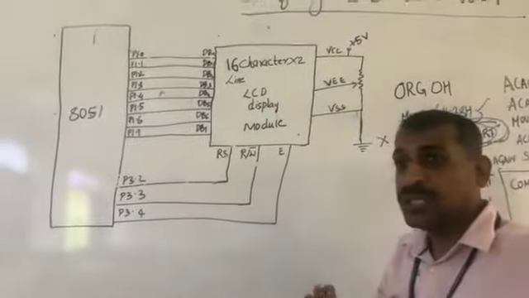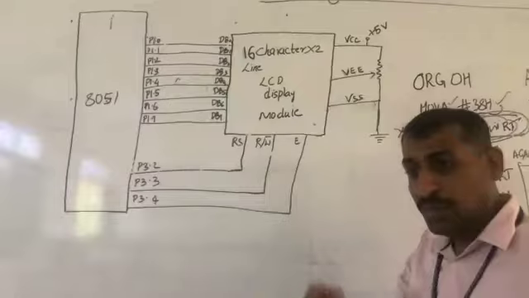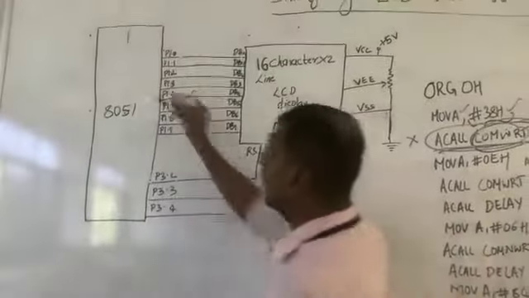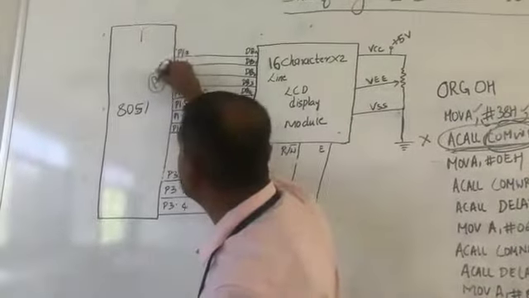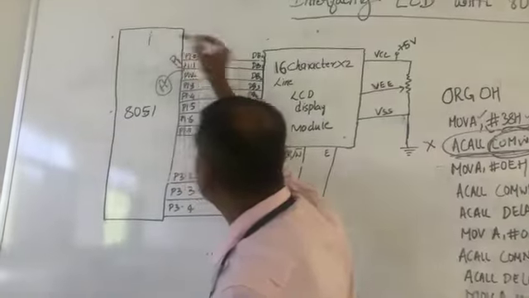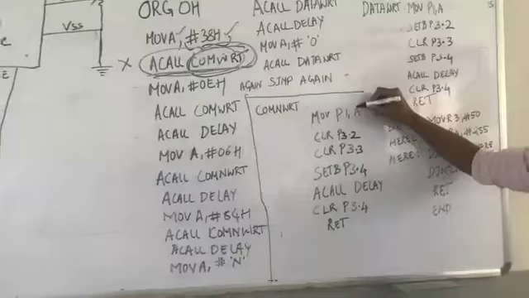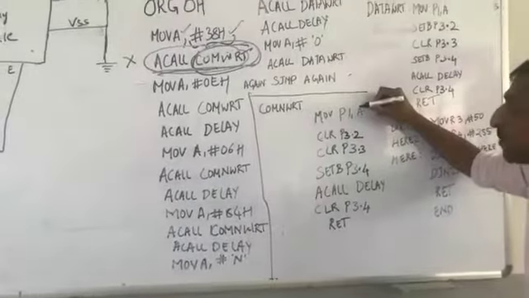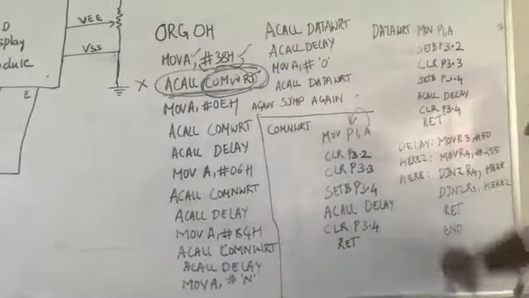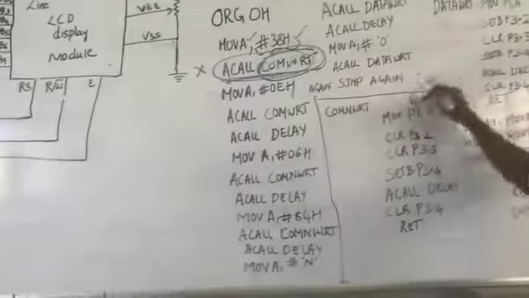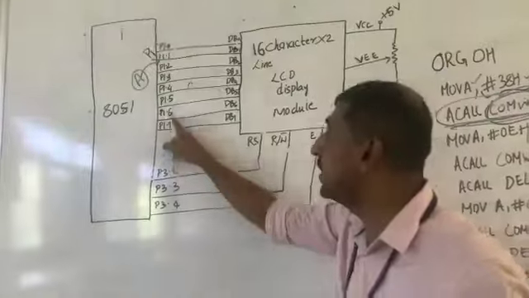So the command I have taken into the accumulator, I should send from the accumulator to port 1, right? That's what I am doing here. See here, from the accumulator I have 38H, the first command, and I am putting it into port 1.